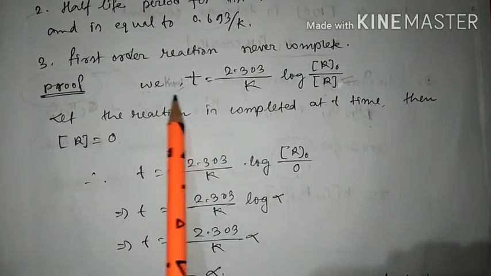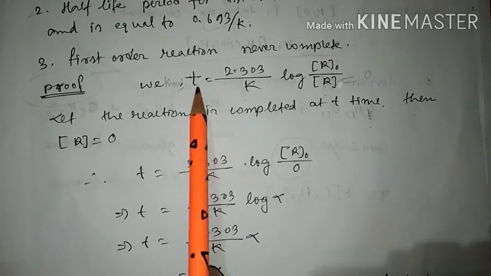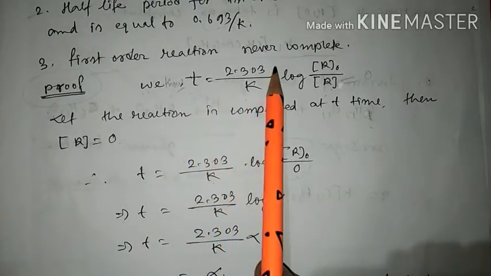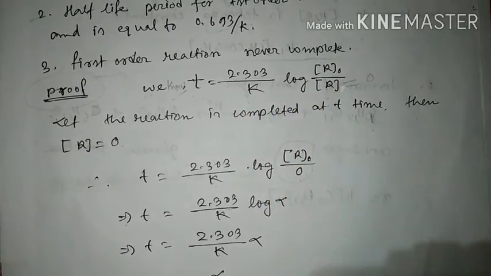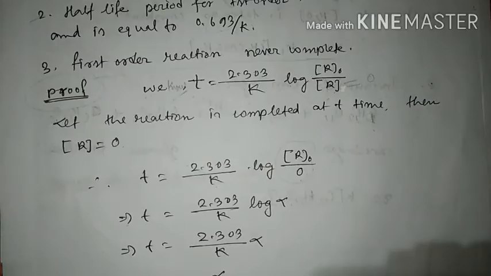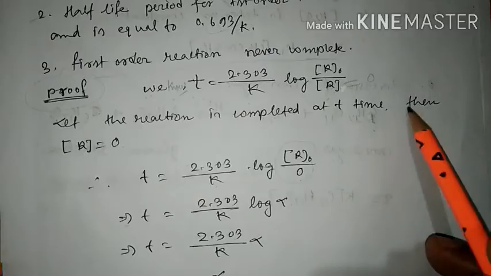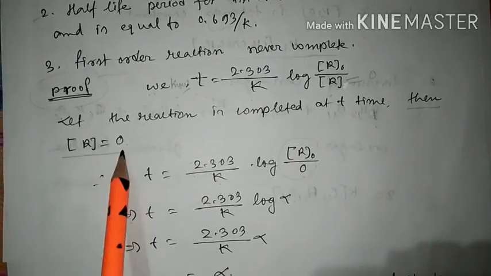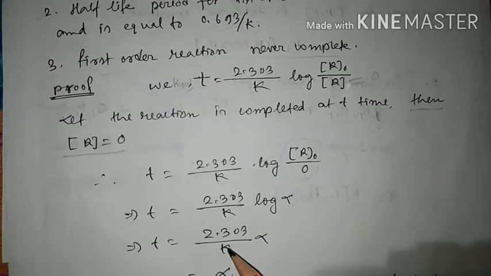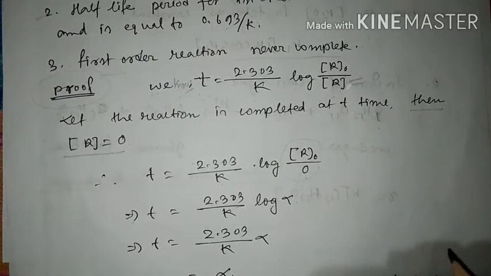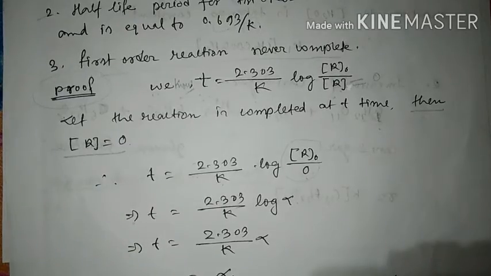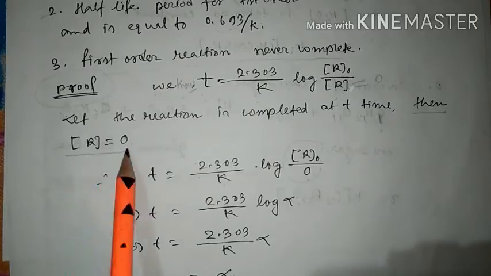Now see, as we know, t for a first order reaction is 2.303 by k log of concentration of R naught divided by concentration of R. Now let us assume that the reaction is completed at time t. Then obviously the concentration of the reactant becomes 0, since the reactant is converted to the product.